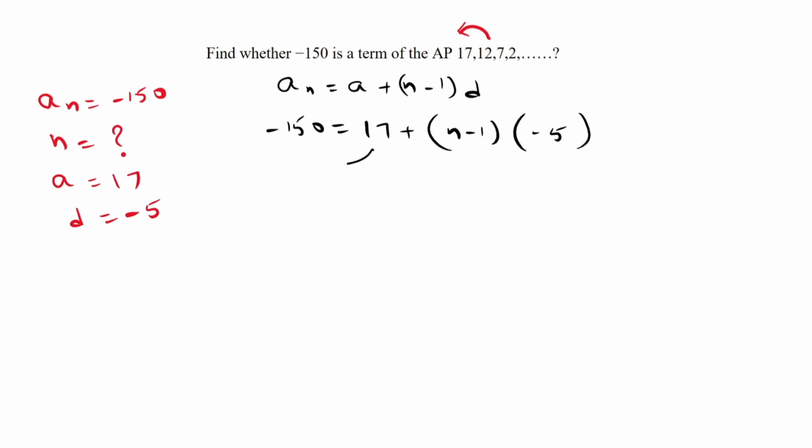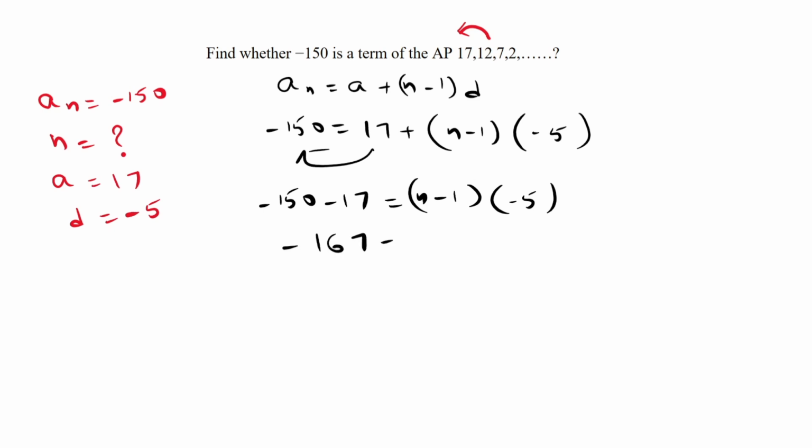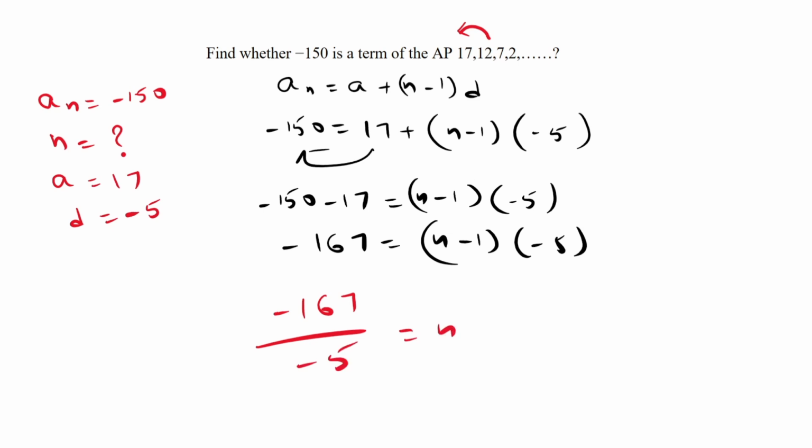So taking 17 to the left side, minus 150 minus 17 is minus 167, which equals n minus 1 into minus 5. Now taking minus 5 also to the left side, here it is multiplication; if you take it to the other side, it will become division. So minus 167 divided by minus 5 equals n minus 1.